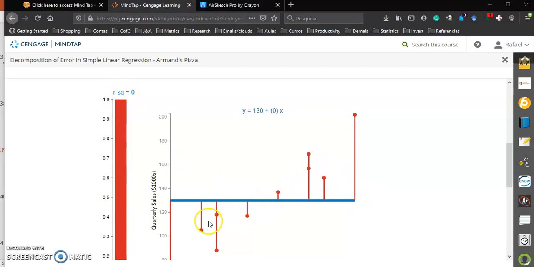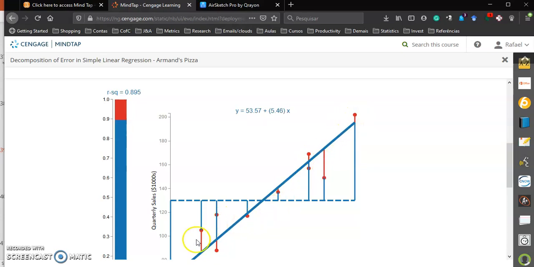So all these big red lines are the errors from the actual observations, the actual data, and the prediction in this linear model. Remember that if we move that to make it closer and closer to the actual data, we are reducing the errors.